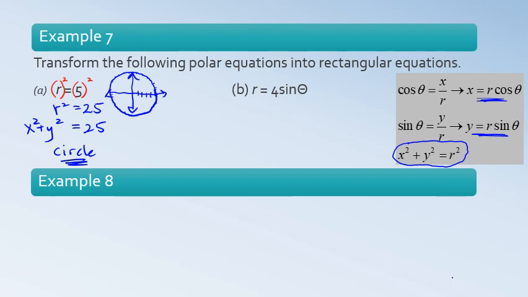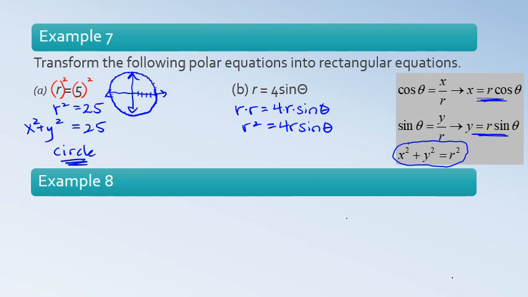So if I multiply both sides by r, I'm going to get r to the second. Let me go ahead and just write this. R times r, and then 4r. That's 4 times r times the sine of theta. So I get r squared equals 4r sine of theta.